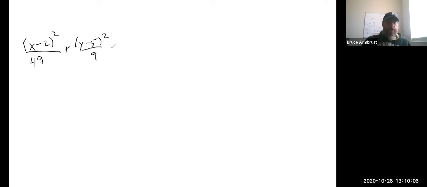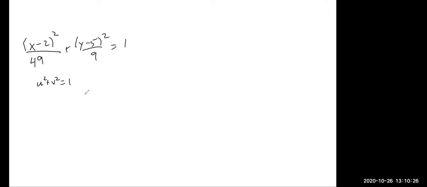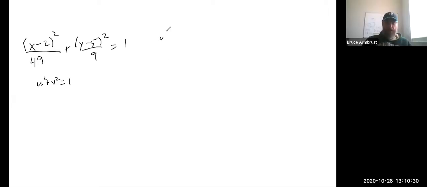But like I said, what I'd really like to have is u squared plus v squared equals 1. So what would that make us want to make u equal? (x minus 2) squared over 49. Okay, so we'd want u squared to equal that.